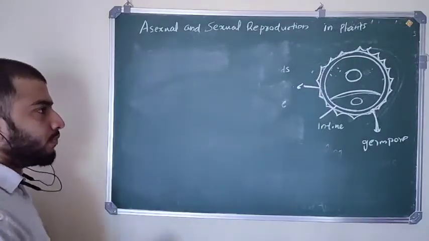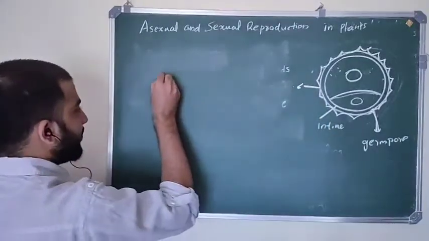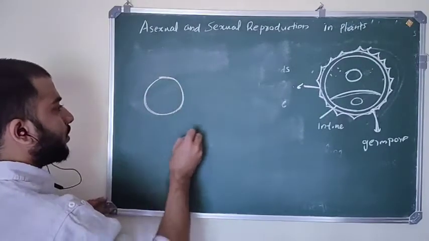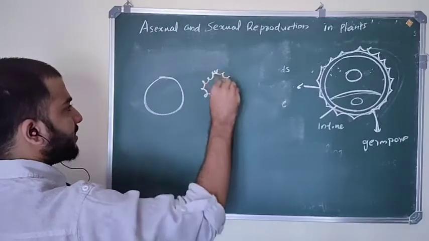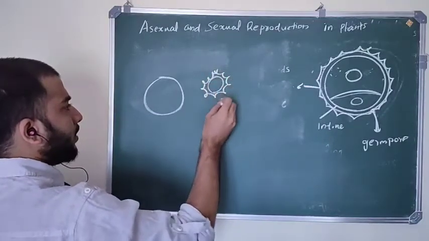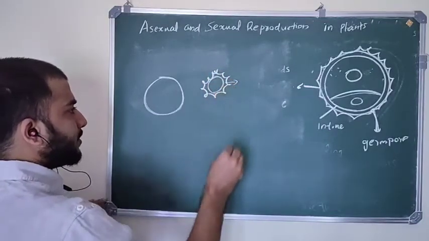Then the pollen exine may sometimes be smooth or it may be sculptured. The pollen exine surface shows different sculpture patterns.